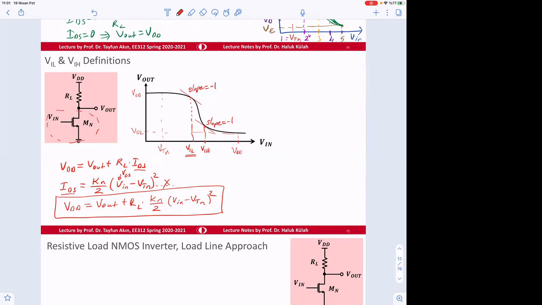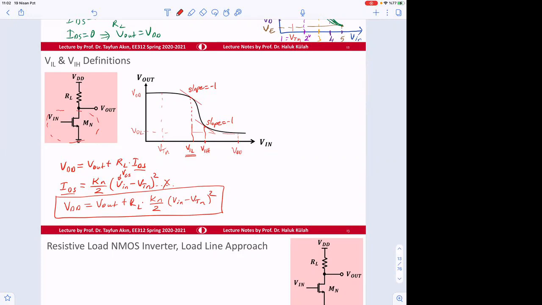If we can write V out in terms of V in and make the derivative equal to -1, that's going to give us the value.